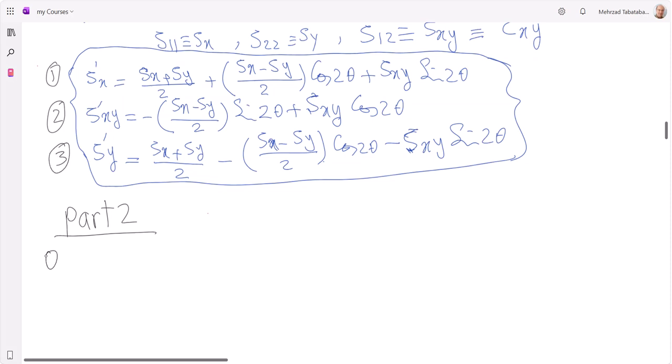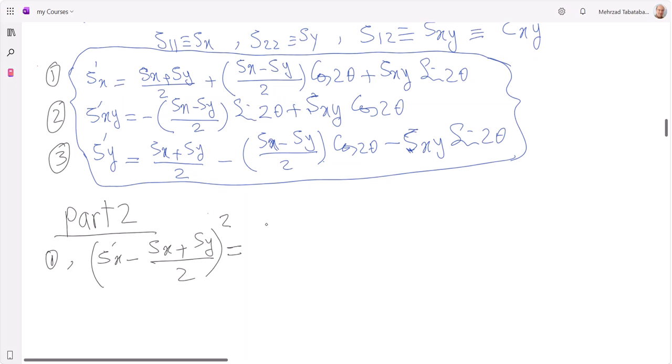I will manipulate 1 first such that I bring s prime x, the first term on the right hand side, to the left hand side, and square it.